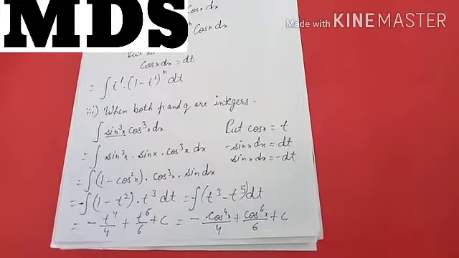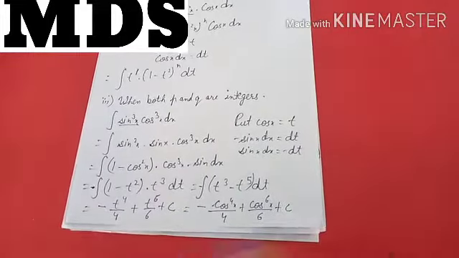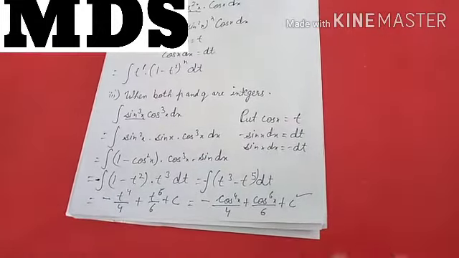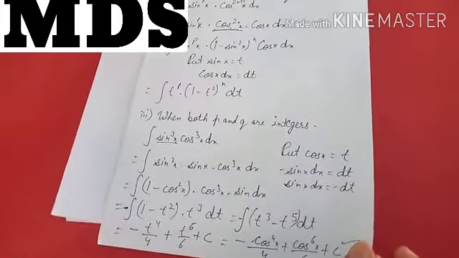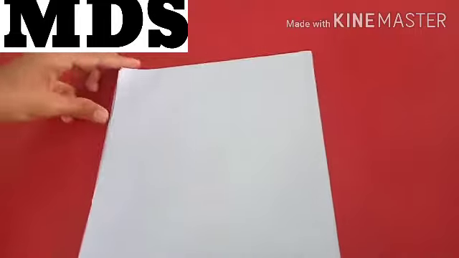Their answer is in the form of sin, our answer is in the form of cos x, but both are correct. In this type of question it's up to us what we want to convert, whichever is easier for us, we are going to solve that.